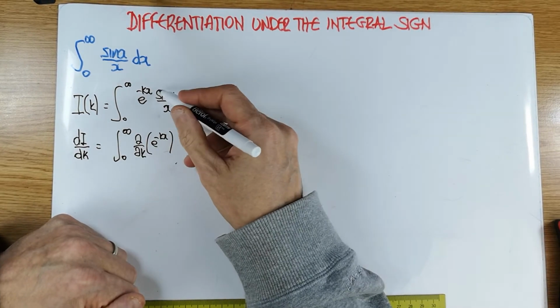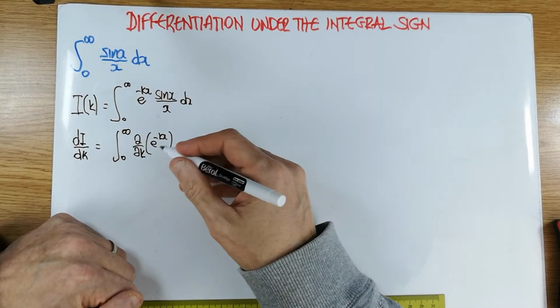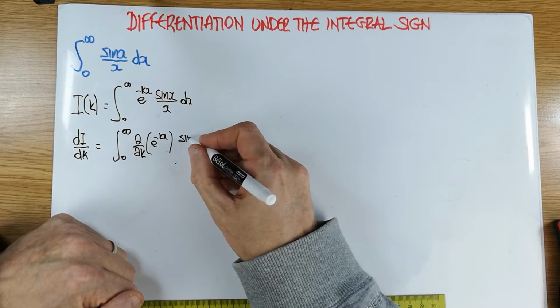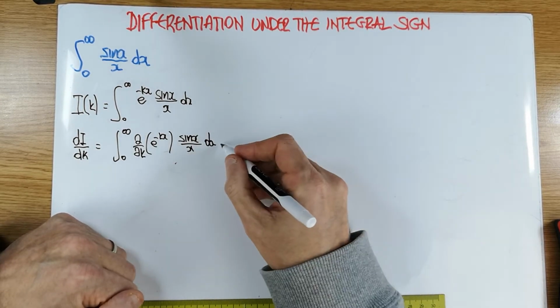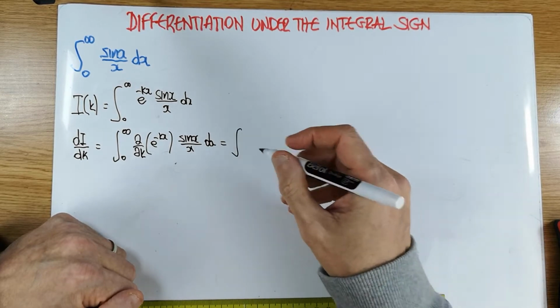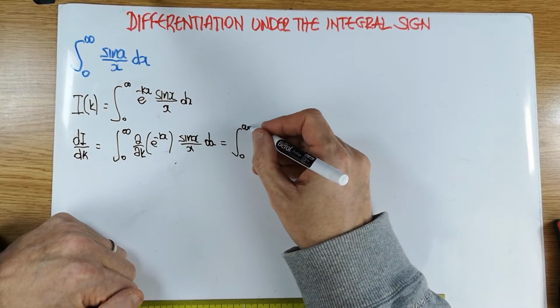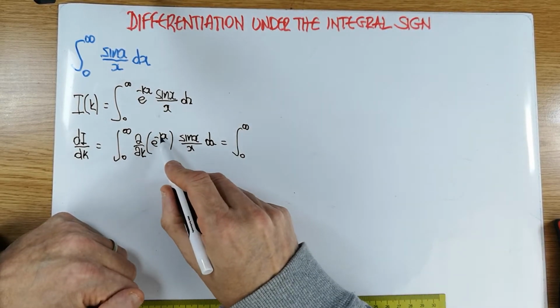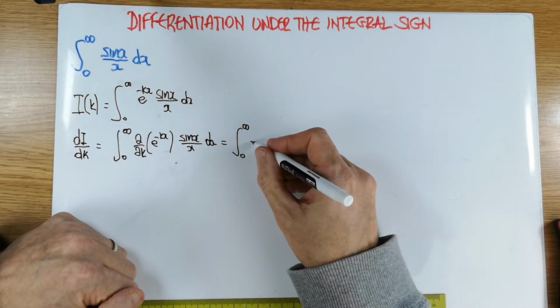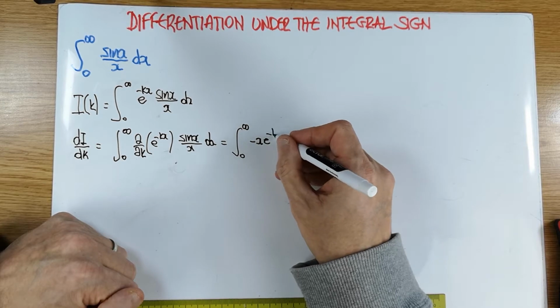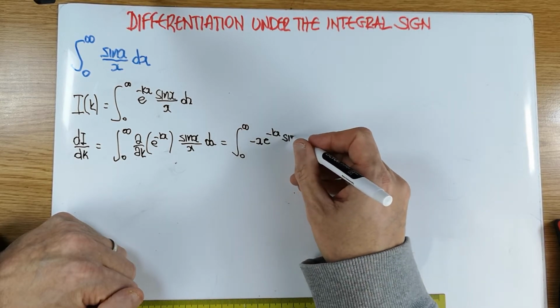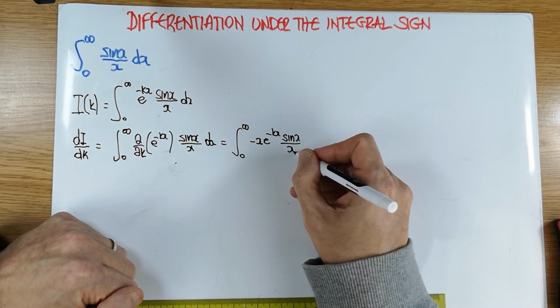This bit here is independent of k, so I can put it just times, or at the front. It doesn't make a difference. dx. And this will now create something desirable, because of course the differentiation of that with respect to k is going to create a minus x e to the minus kx, times sine x over x.